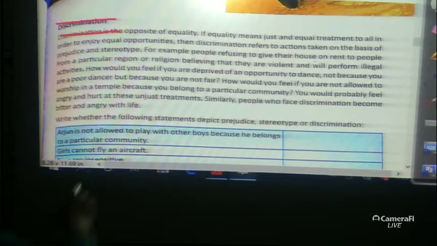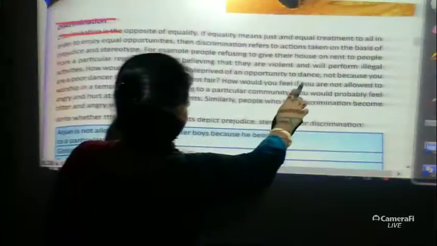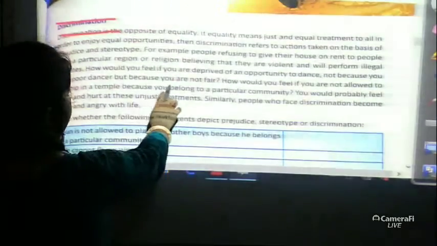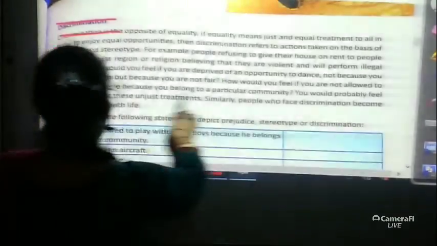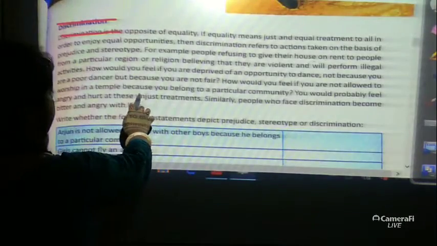How would you feel if you were deprived of an opportunity to dance, not because you are a poor dancer, but because you are not fair? How would you feel if you were not allowed to worship in a temple because you belong to a particular community?